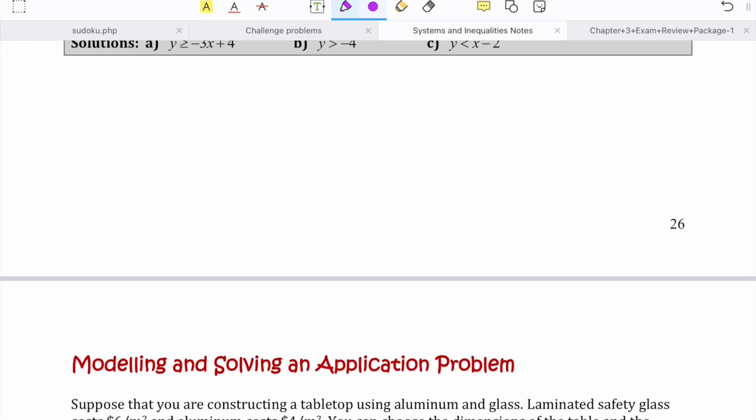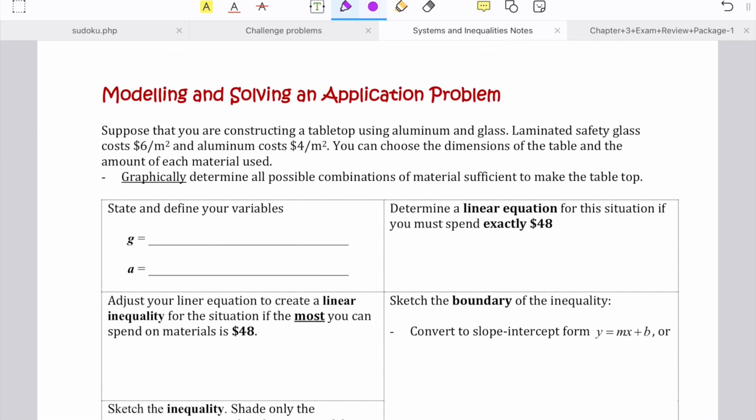Okay, awesome. Now, if a word problem is given to you and you need to model this, we're going to just figure that out. Suppose that you're constructing a tabletop using aluminum and glass. Laminated safety glass costs $6 per meter square and aluminum costs $4 per meter square. You can choose the dimension of the table and the amount of each material used.